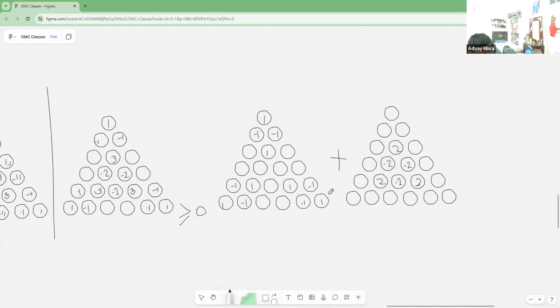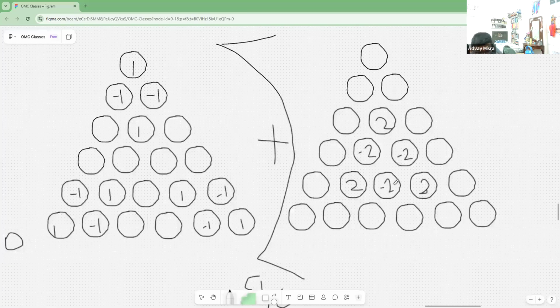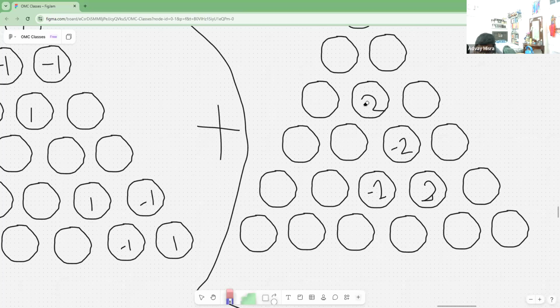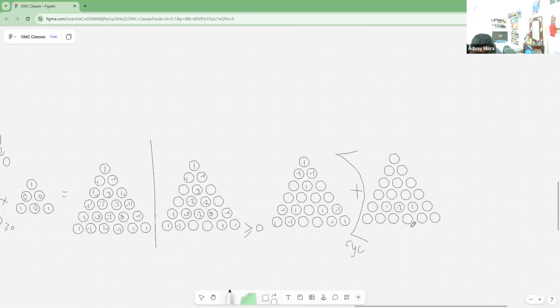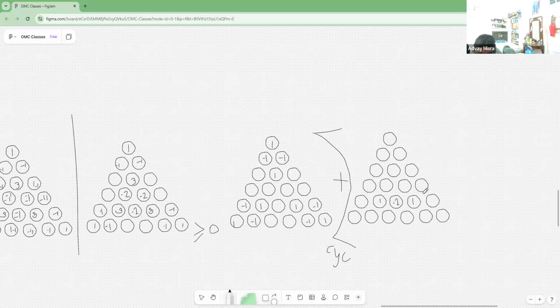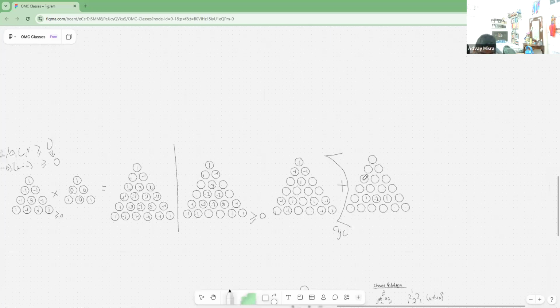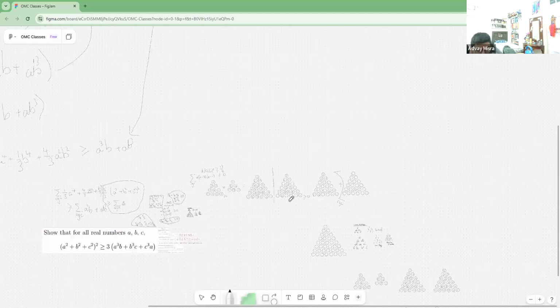In fact, this is just this cyclic sum. This is a very acrobatic summation sign. This is AMGM on two variables, but it's also just b minus c squared multiplied by some factor. So that's a simple example.